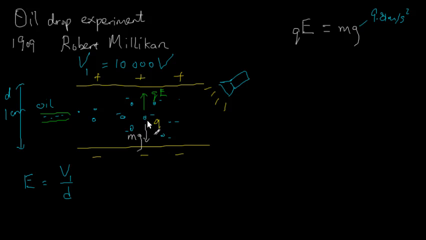Now when the oil drop falls, because it's so light, it very quickly reaches terminal velocity. And there is a formula that relates the terminal velocity to its radius and its force. Now I shan't go into detail of that, but I will just assume that it has been done.